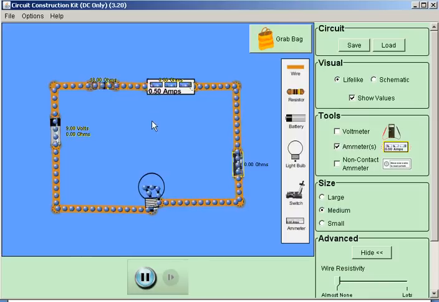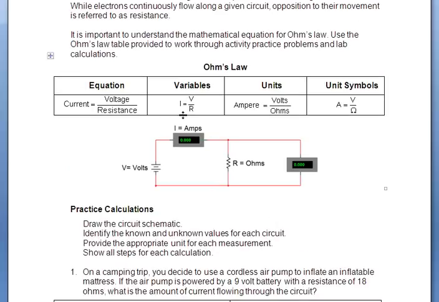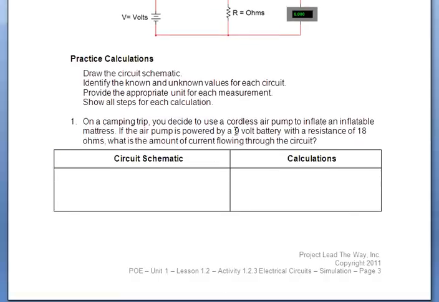So if you set this up, you should be able to use the Ohm's law formula, let me go back to it. Yeah, the Ohm's law formula: current is equal to the voltage divided by the resistance. So it says right here that we have 9 volts and we have 18 ohms of resistance.